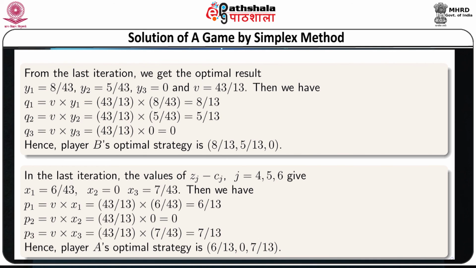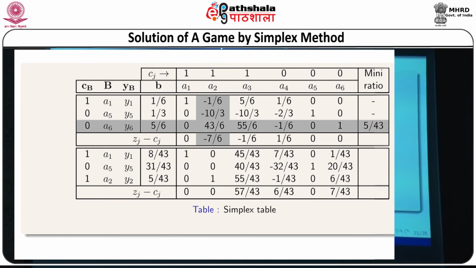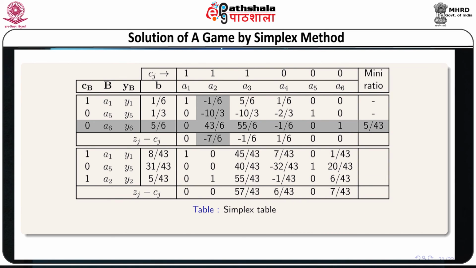Then the optimal results for player A can be directly obtained from the table. We can get the values of x1, x2 and x3 from the last iteration corresponding to the zj minus cj values under the column A4, A5 and A6.